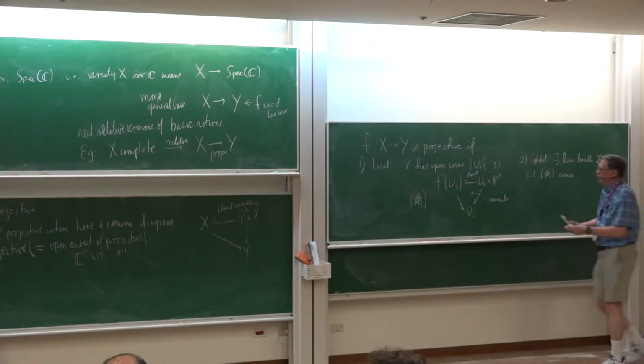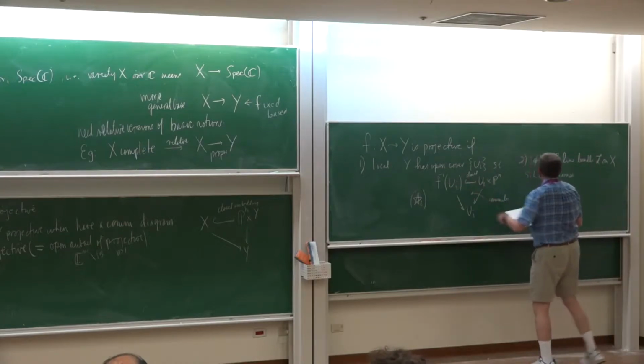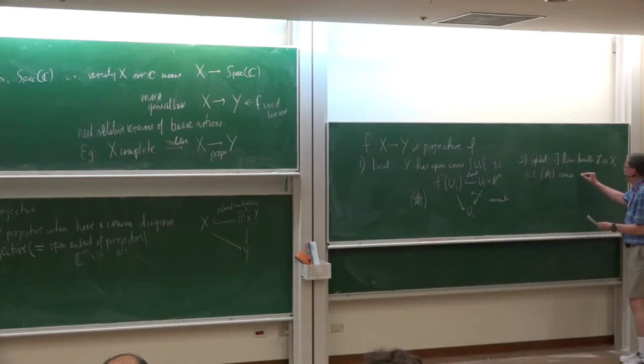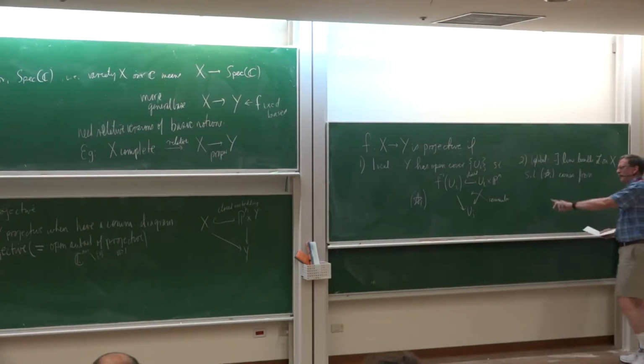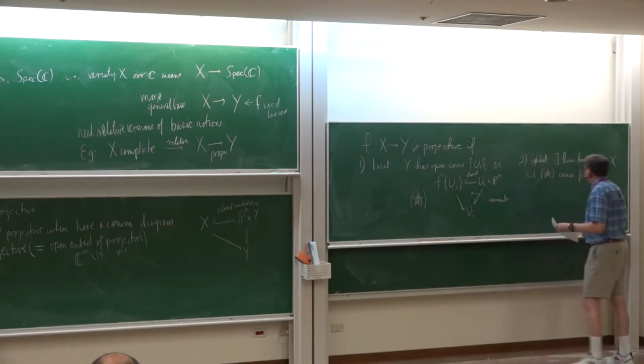And the point is I want this picture to actually come from sections of L. But I have permission to use different sections of L for different i's.